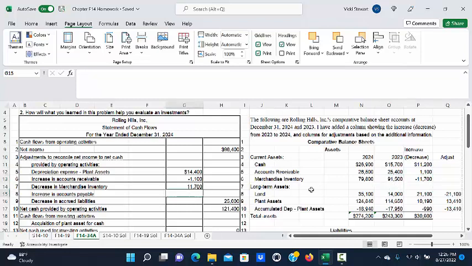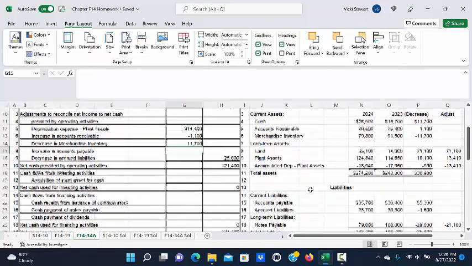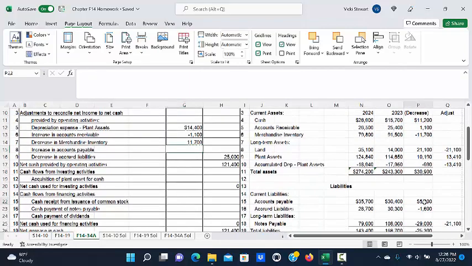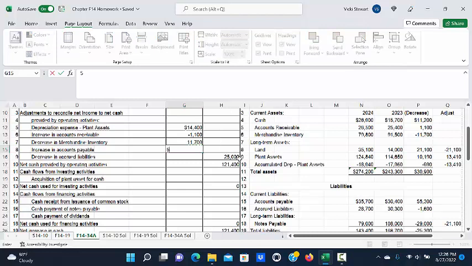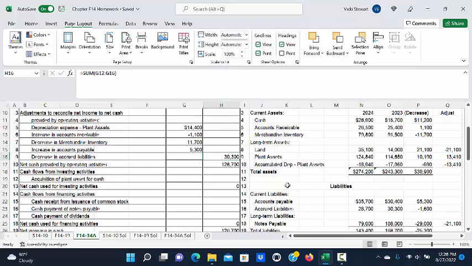The next item that we would look at is our current liabilities. So we scroll down and we see that our accounts payable increased from 2023 to 2024. So when our accounts payable increases, we would add that amount back to net income to determine net cash provided by operating activities.